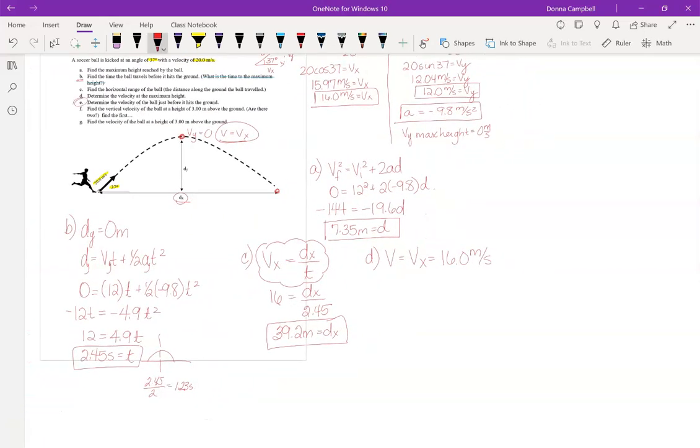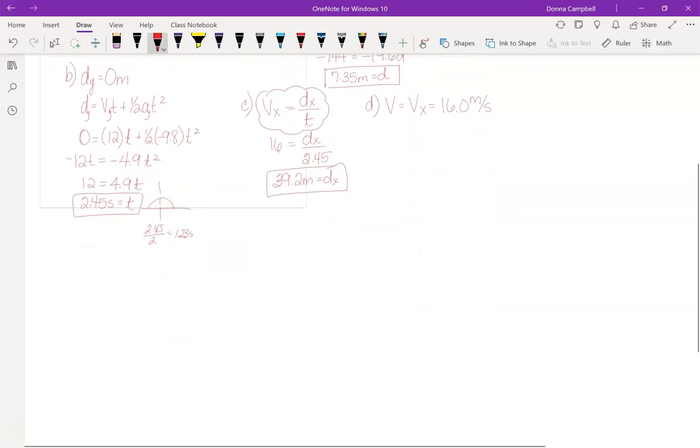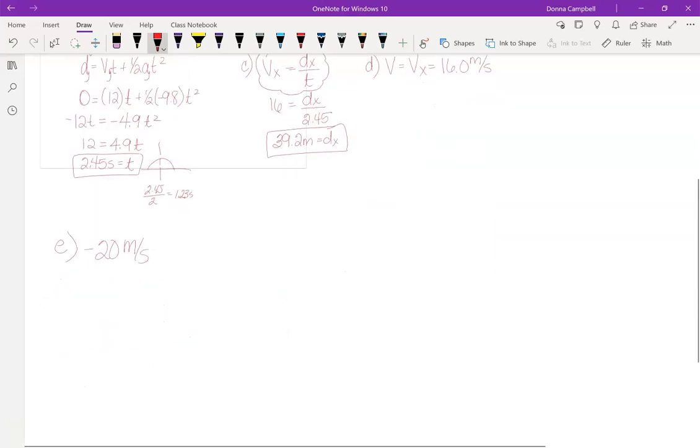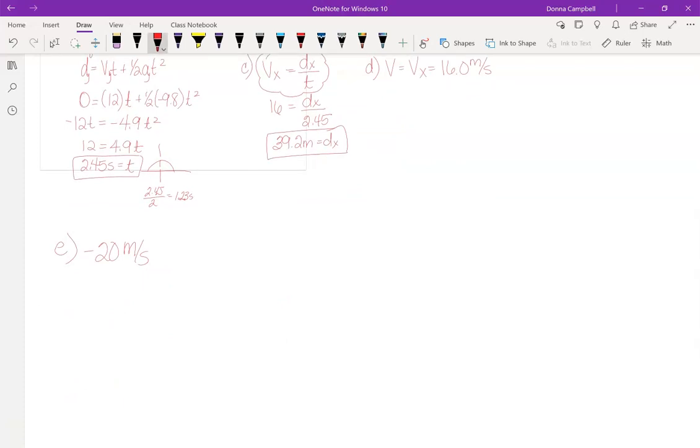What's the velocity just before it hits the ground? Well, it went up at 20, so the velocity, yep. And then if we were to look at the angle, the x would still be 16 in the forward, the y would now be 12 down, and when we get this angle, it's roughly 37 degrees south of east.